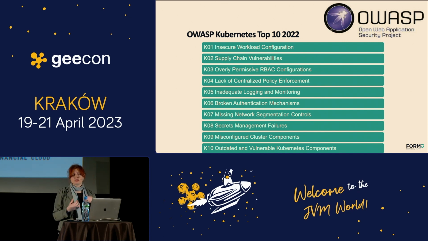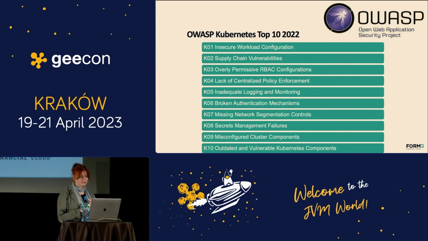They publish top 10 lists of security risks for various technologies. And only last year, for the very first time, they published such a list for Kubernetes. This list is like a hit parade, so let's check out our chart toppers.